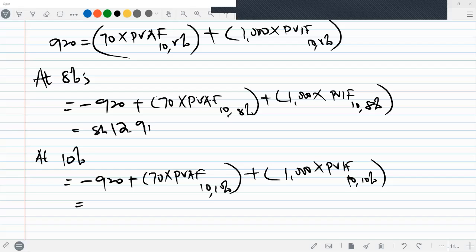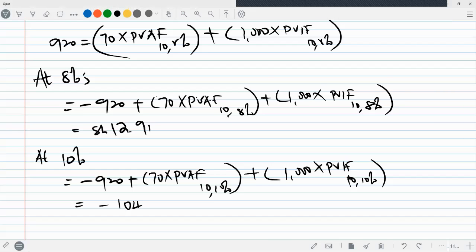So negative 104. Okay. So the cost of this bond is between 8 and 10%.